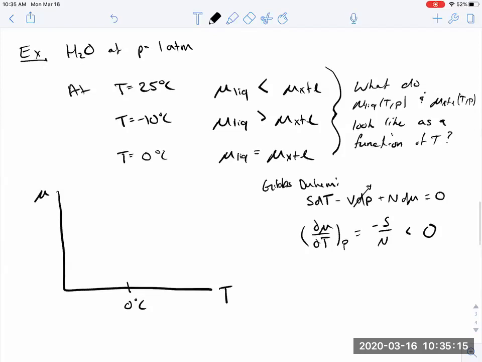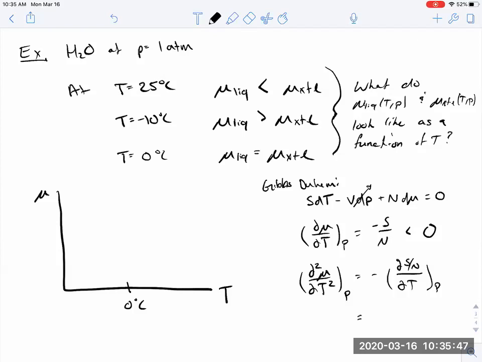All right, what about the second derivative? How the chemical potential changes with temperature twice. Well, that's just minus how the entropy per particle changes with temperature at fixed pressure. Now, temperature and pressure are being manipulated here. One is being held constant, the other is being changed an infinitesimal amount.